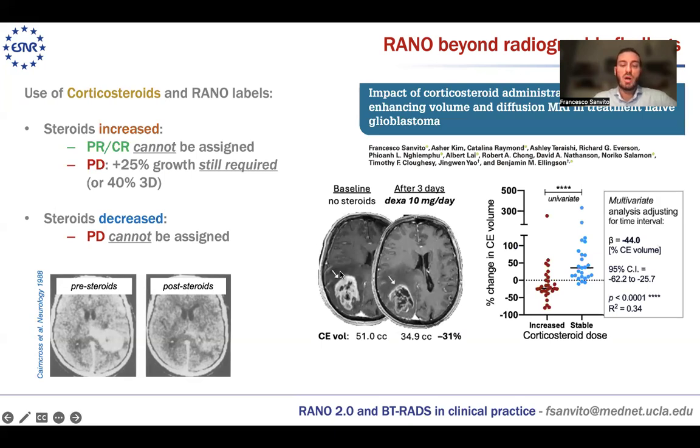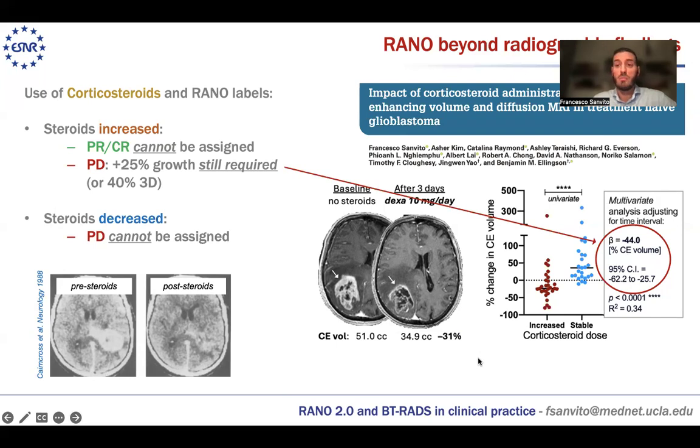We tried to address this issue of corticosteroids recently, and we tried to provide a quantification of how much tumor shrinkage of the contrast-enhancing component volume we should expect from corticosteroids, and we quantified approximately a 44% shrinkage, ranging 60% to 25%, after adjusting for interval growth.